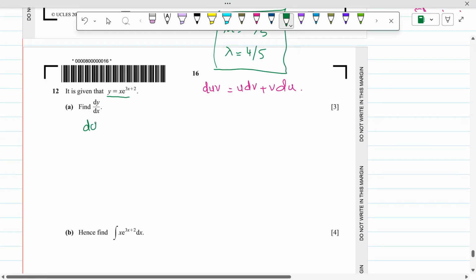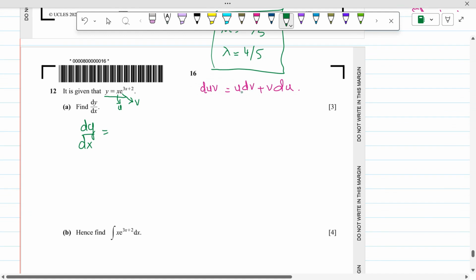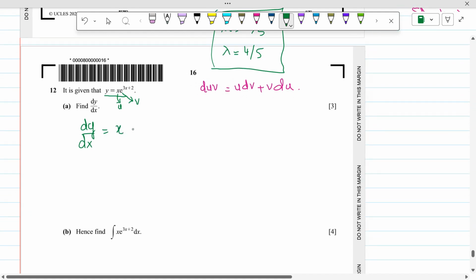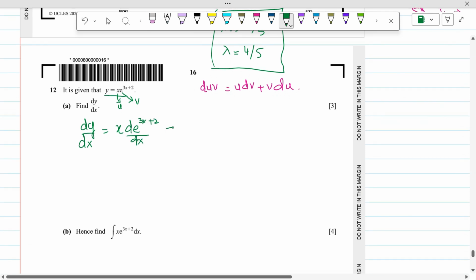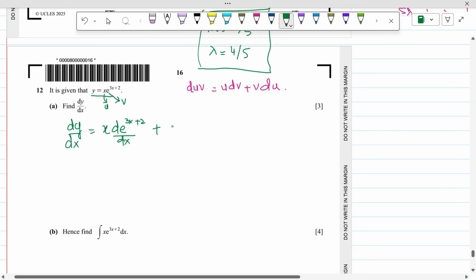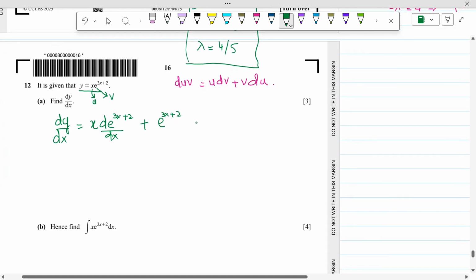So dy over dx is equal to, this one is u and the exponential function is v. u times the derivative of v, so x will remain the same, and the derivative of the exponential term, which is exponential of 3x plus 2, with respect to x, plus v, which is exponential of 3x plus 2, and the derivative of u, meaning the derivative of x.